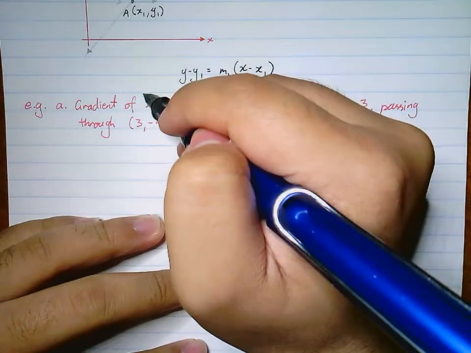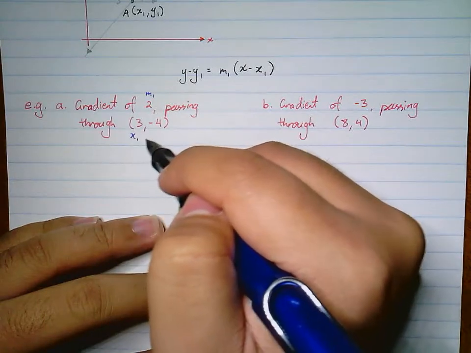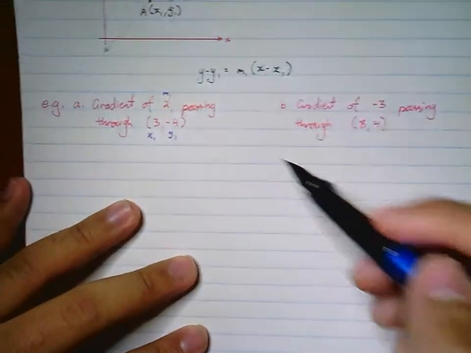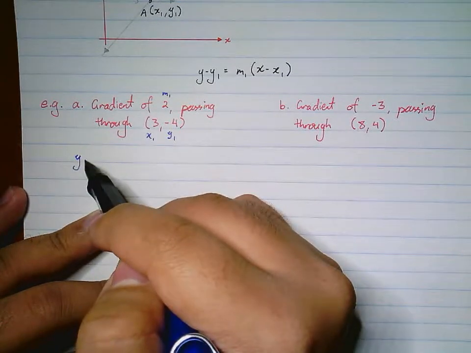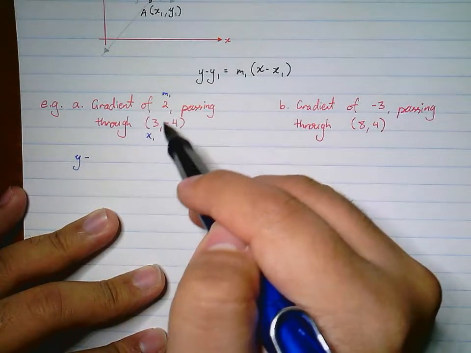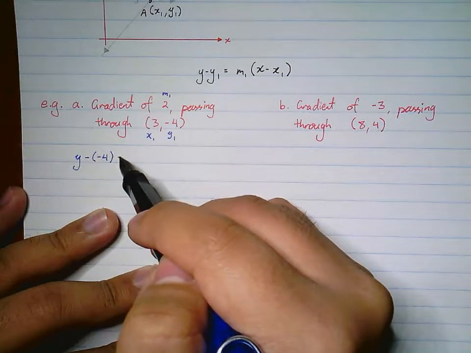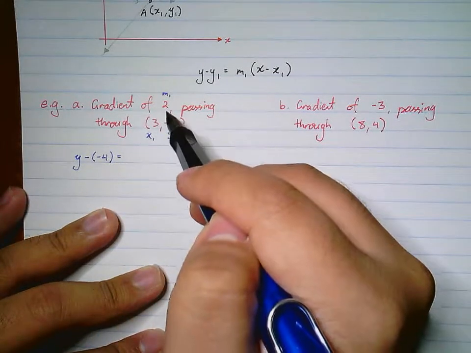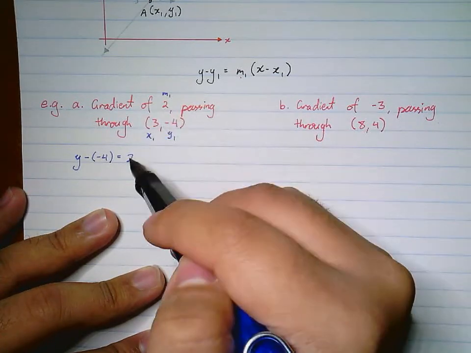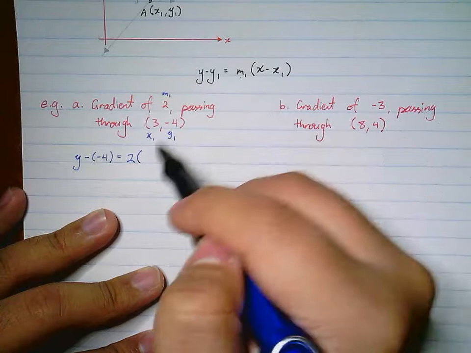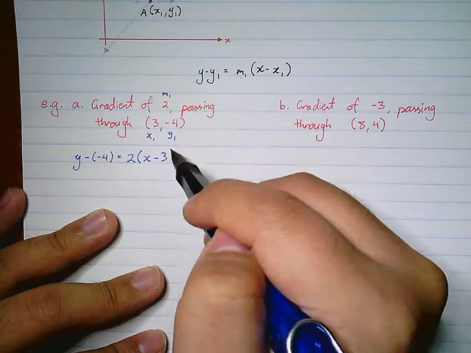So there's our m1, and here's our x1 and y1. Using our formula, we get y minus 4 equals gradient of 2, so 2, x minus x1, which is 3.